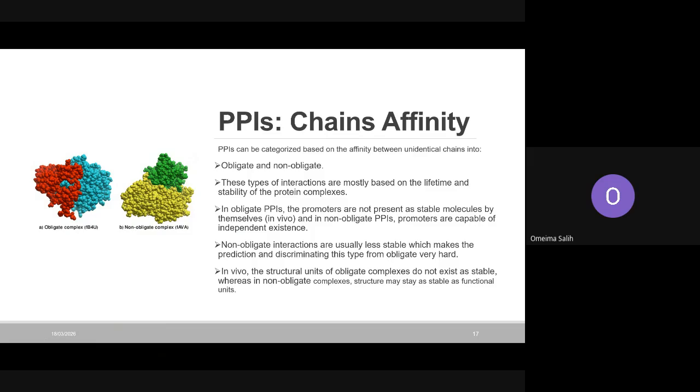But the non-obligate are usually less stable, and they tend to dissociate in a very dynamic way, because they don't have high affinity to each other as the obligate ones.